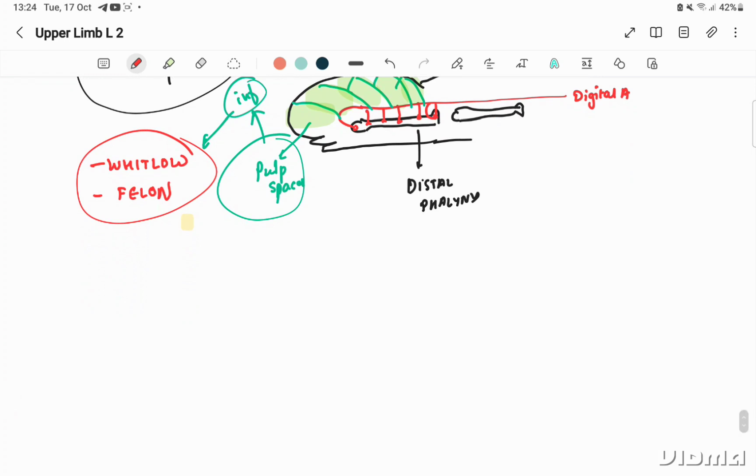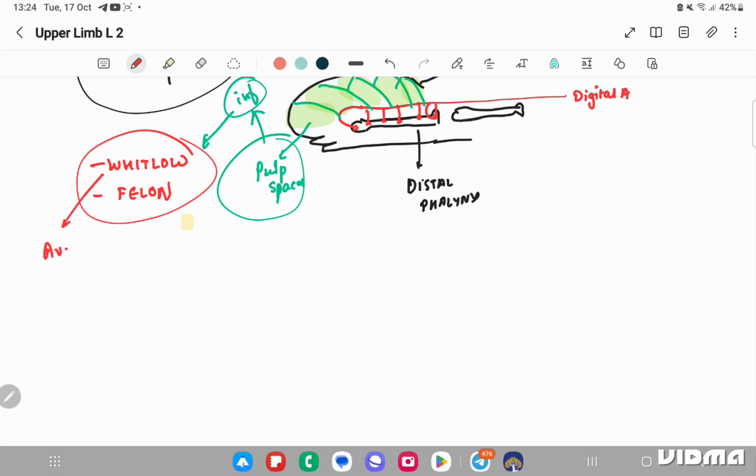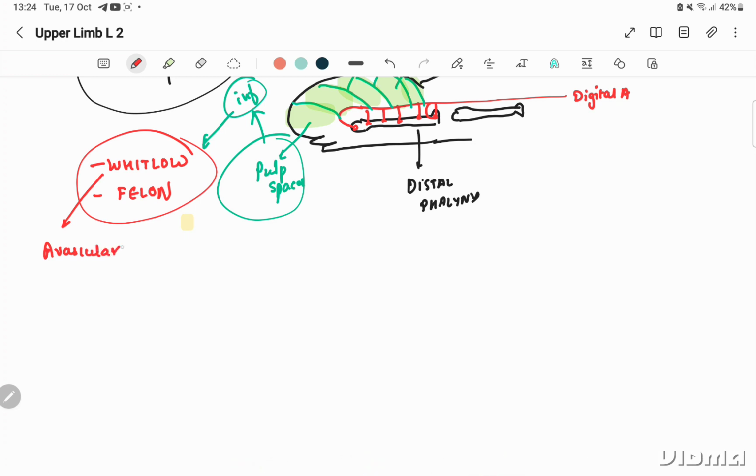Avascular necrosis of distal 4/5 of terminal phalanx is called as Whitlow. Okay, in Whitlow what happens? There is avascular necrosis due to deficient blood supply, that the tissue is necrosed or died of distal 4/5 of distal phalanx.